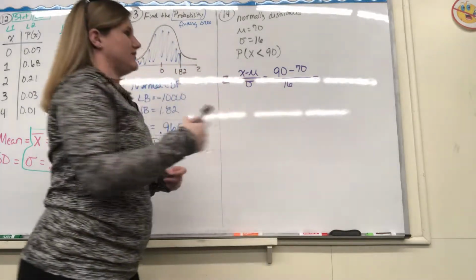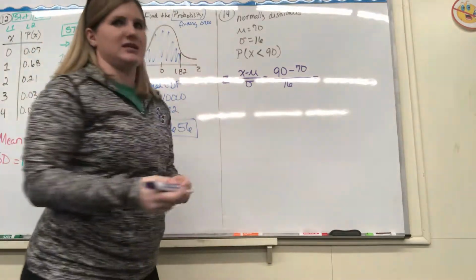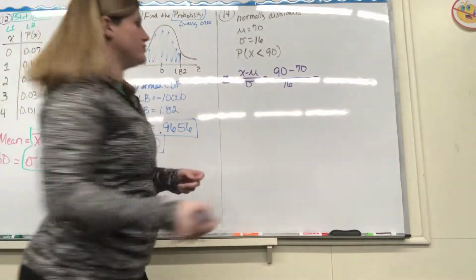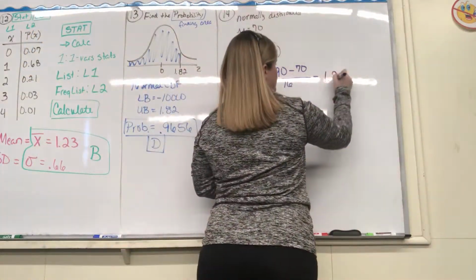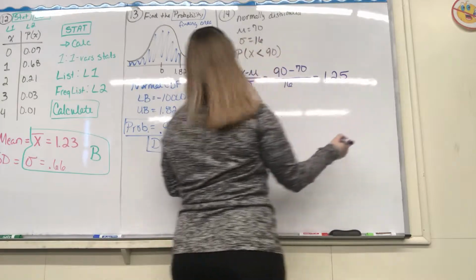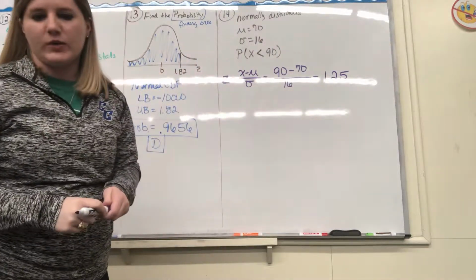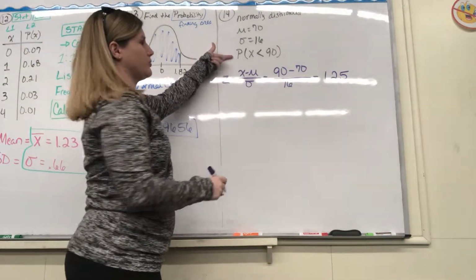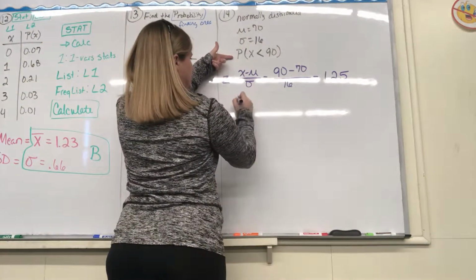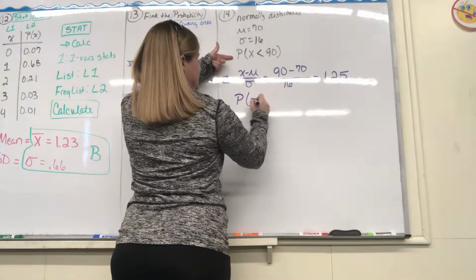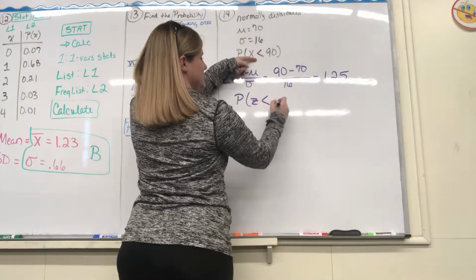So 90 minus 70 is 20, divided by 16, that's 1.25. So our Z value is 1.25. We can change our probability statement to the probability that z is less than 1.25.